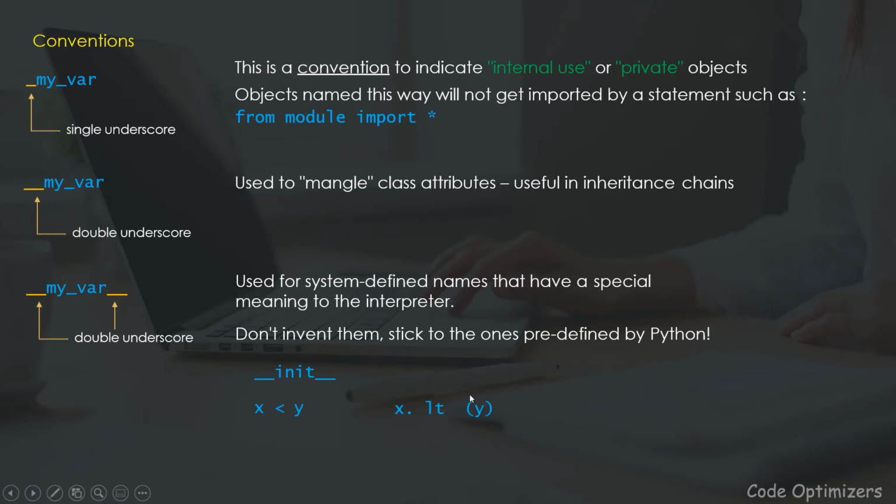And that's why these are system defined, and you shouldn't invent some. You will never know what could happen in a future version of Python. Maybe whatever you decide to use gets used in the Python standard later, and then there's going to be a conflict between the two.